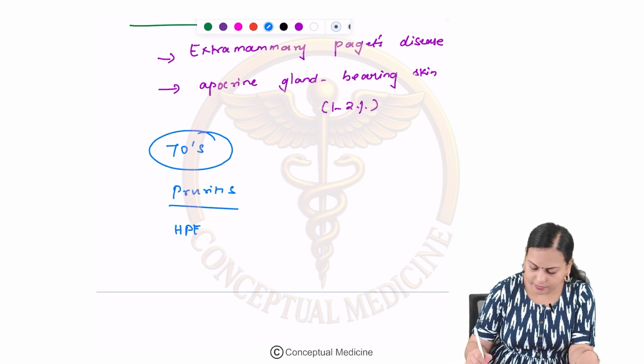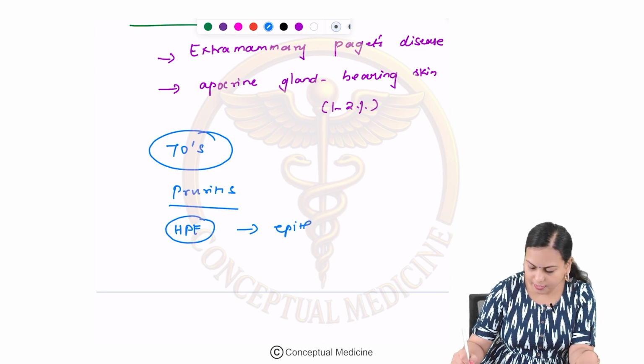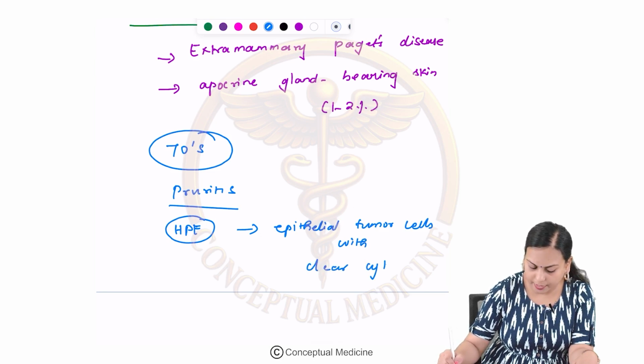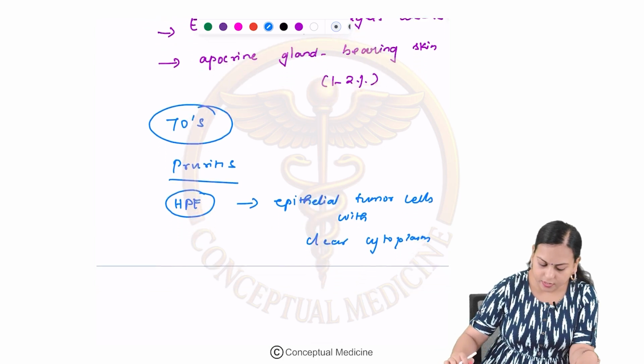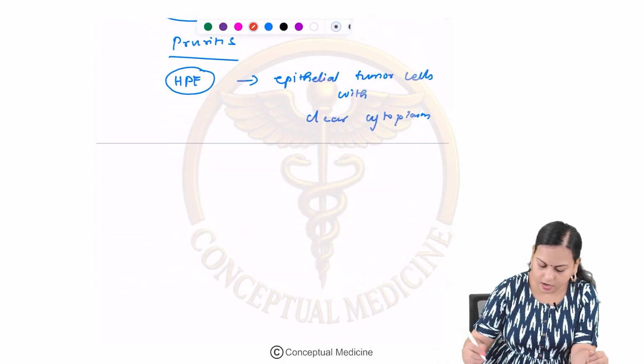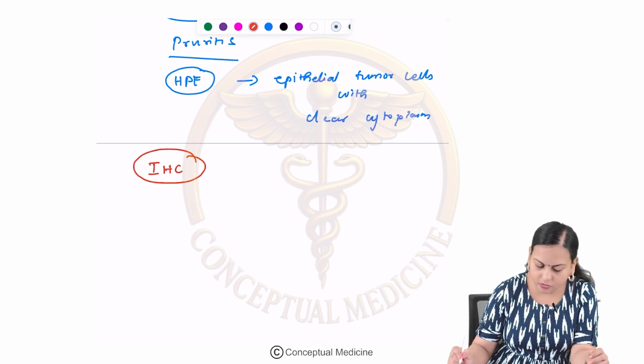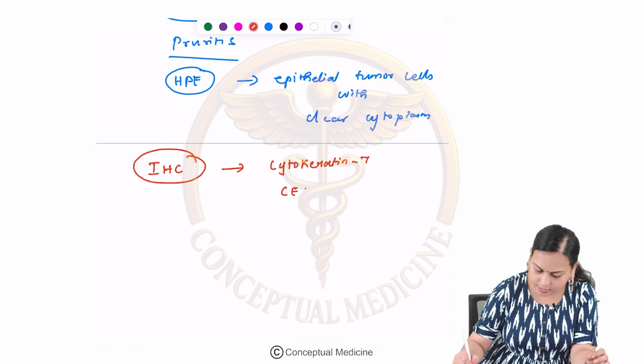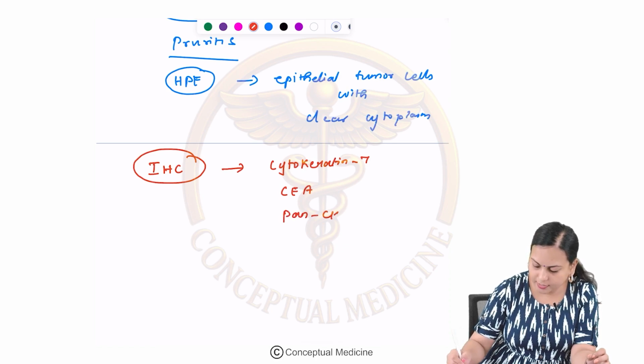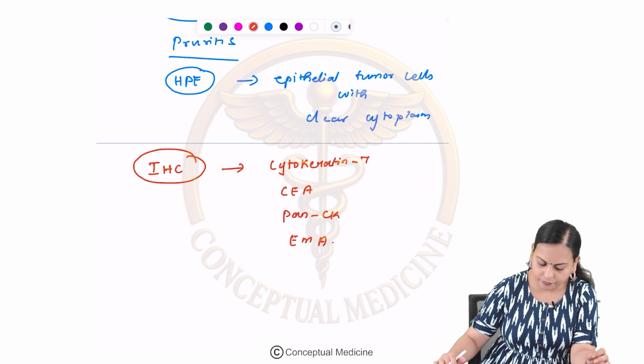Histologically, as we have seen, you will have epithelial tumor cells in them with clear cytoplasm. Okay, so these can either occur heterogeneously or can be found by the immunohistochemical markers of vulval disease, including cytokeratin 7, CEA, pan-CK and EMA.